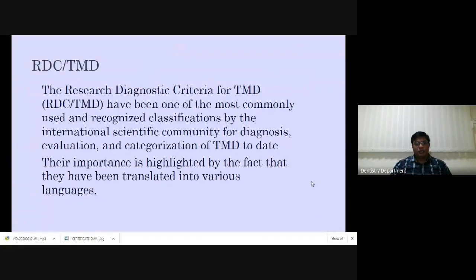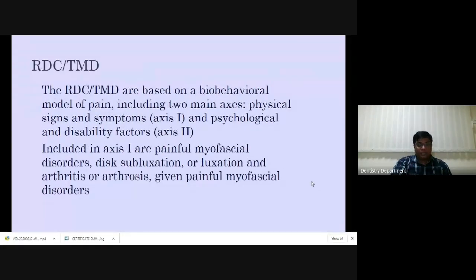This is a recognized classification by the international scientific community for diagnosis, evaluation, and categorization of TMD to date. Its importance is highlighted by the fact that it has been translated into more than 40 languages, not in Indian languages, but in a lot of other languages. What has been translated? That questionnaire.